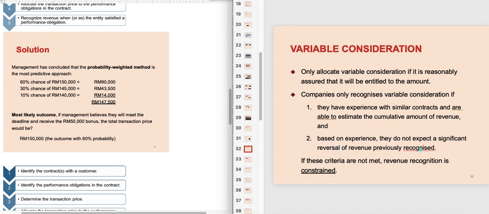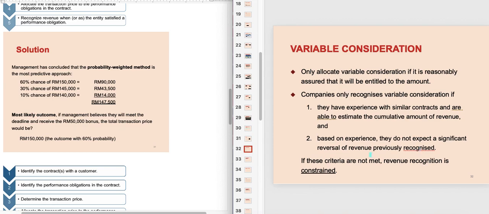So when you include a variable element in the transaction price, it means that there is uncertainty there because it's just based on your estimate. So that's why it's very important that you have similar experience relating to the same contract, which helps you to be sure that the amount that you are setting is reliable, or reasonable.